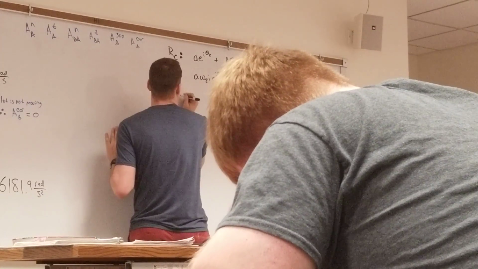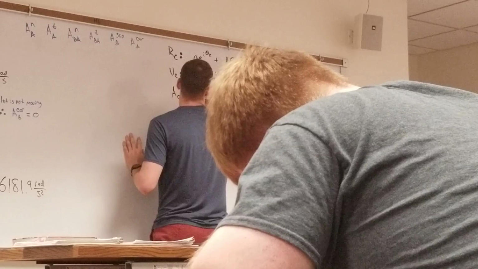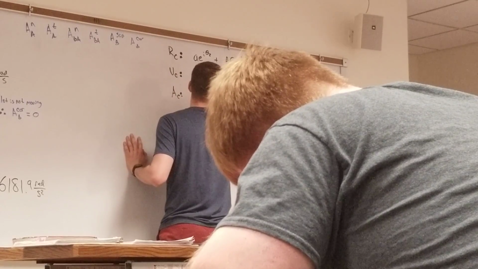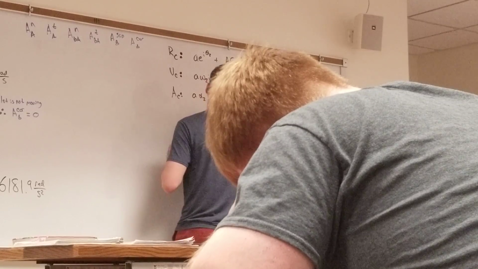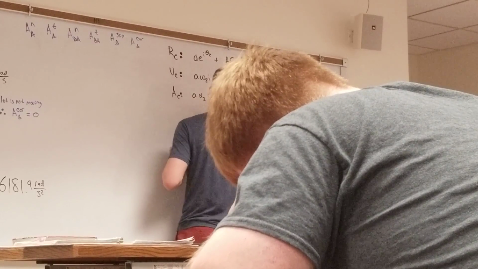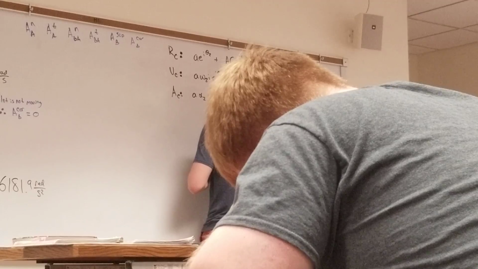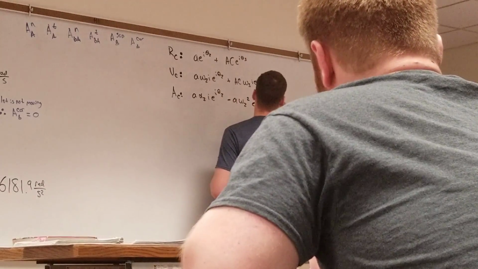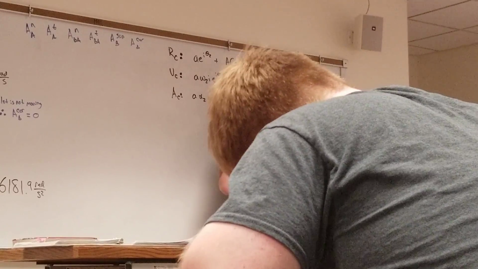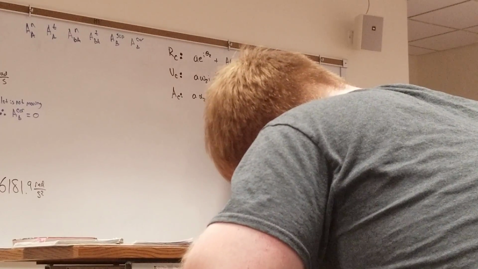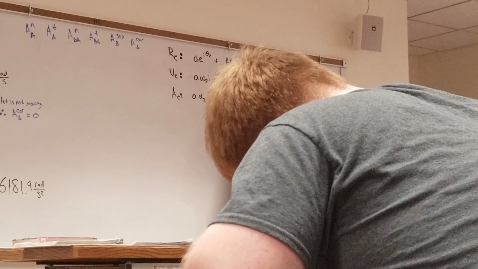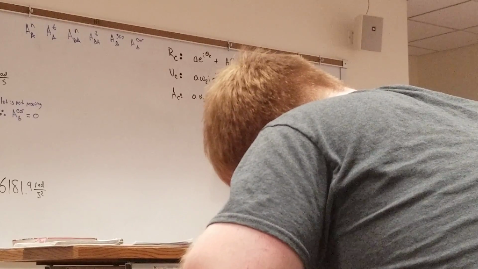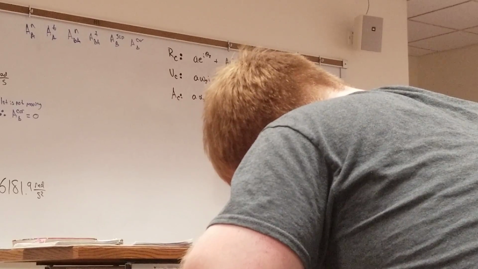Then we take our acceleration derivative: A alpha 2 i e^(i theta 2) minus A omega 2 squared e^(i theta 2) plus AC alpha 3 i e^(i theta 3) minus AC omega 3 squared e^(i theta 3).